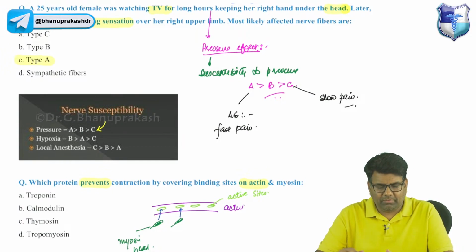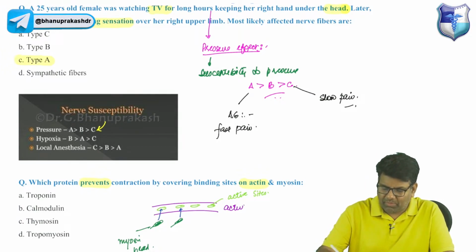Now at rest, when there is no contraction, there is a protein which is covering these active sites, and that is known as tropomyosin.